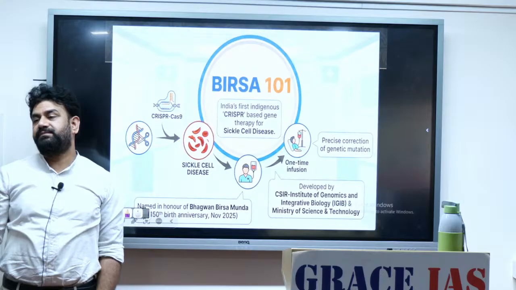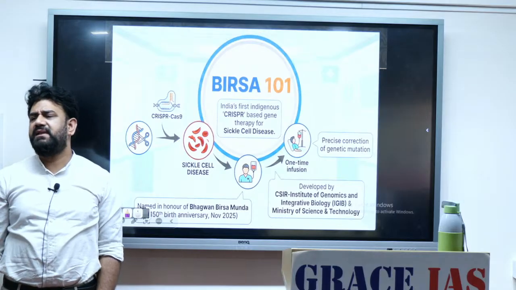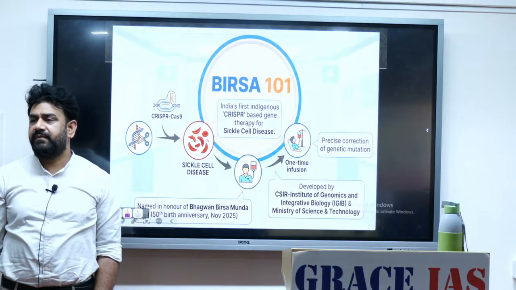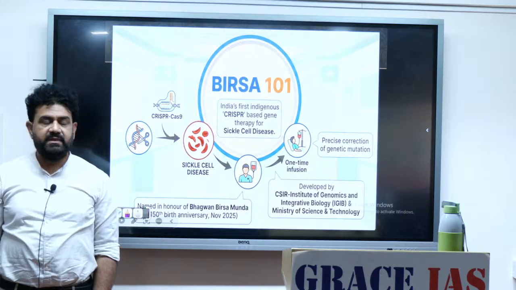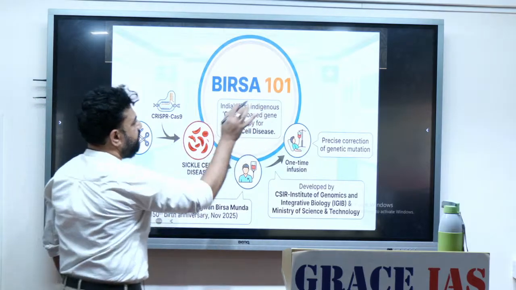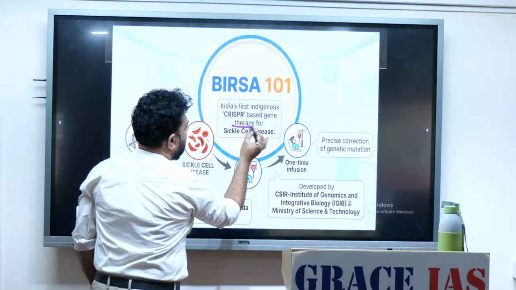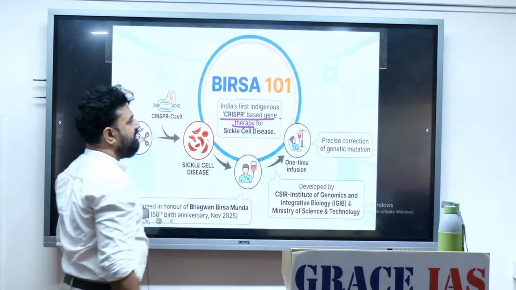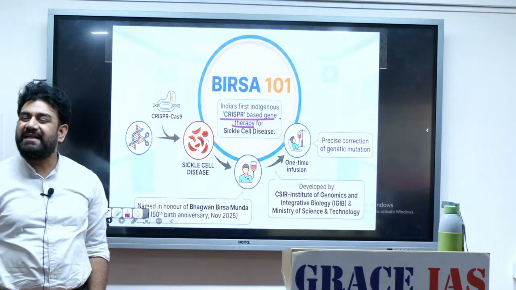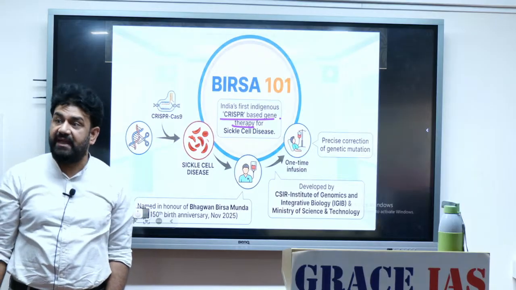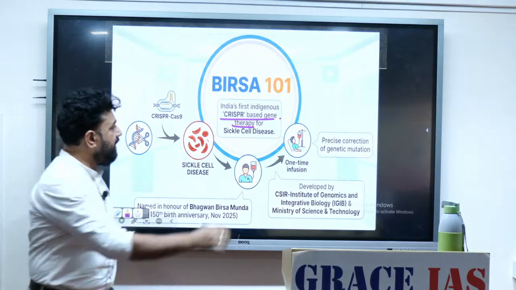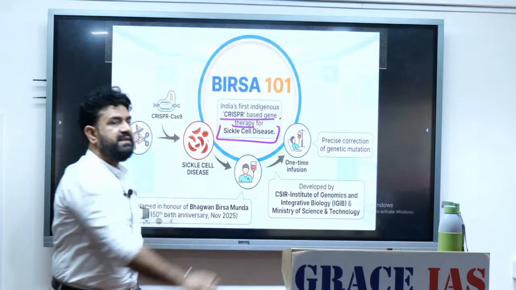Birsa Munda, one of the greatest tribal leaders in India. So what happened here? A gene therapy treatment in India was developed, the first ever CRISPR-Cas9 based gene therapy. To treat what? To treat sickle cell disease.